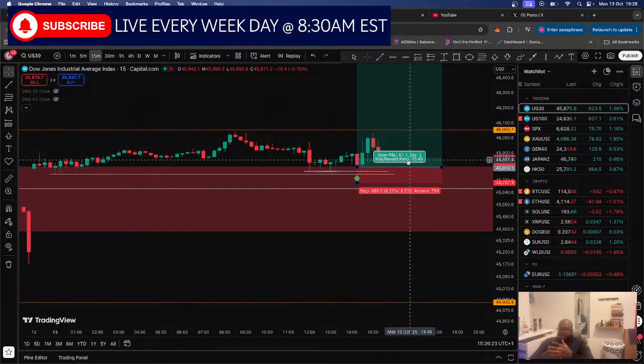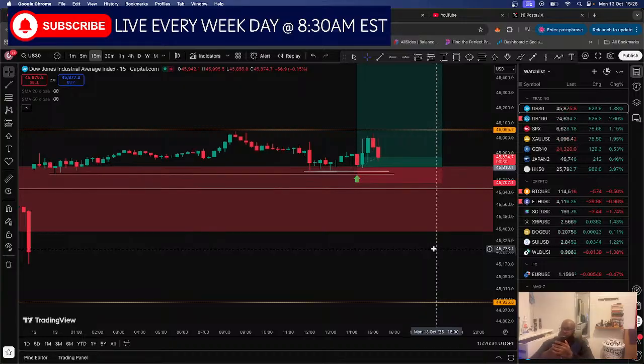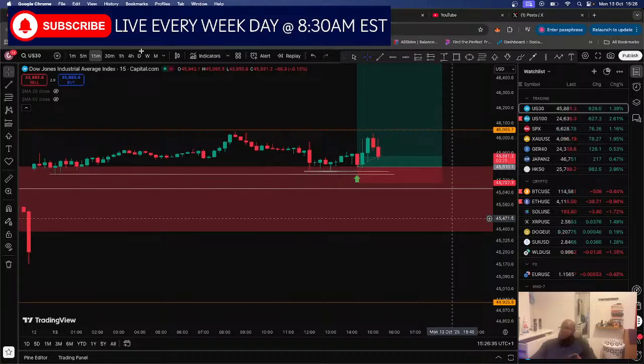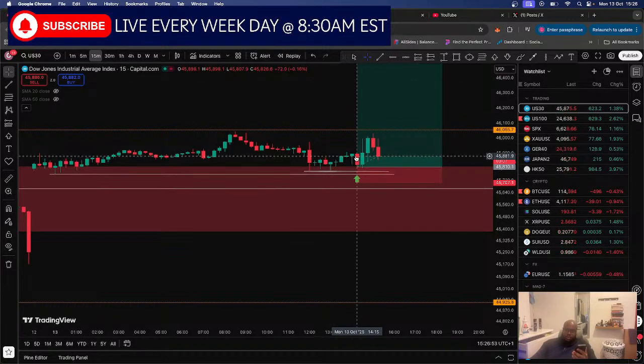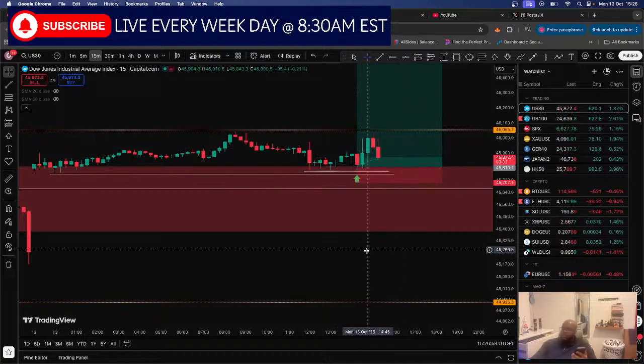It's a bit messy today, guys. It's a bit messy. If we can get this 15-minute order block to hold, then we can still rally higher, but it looks like we're about to just collapse off a cliff.